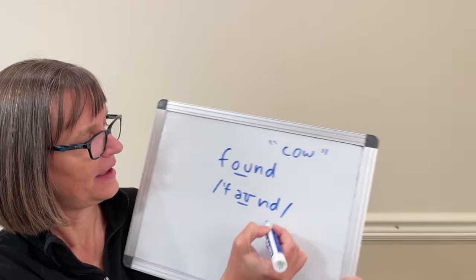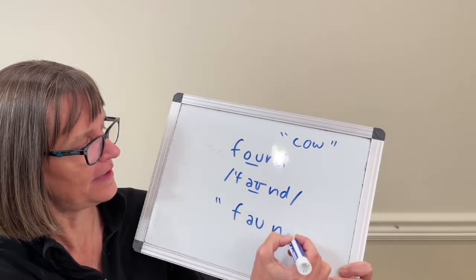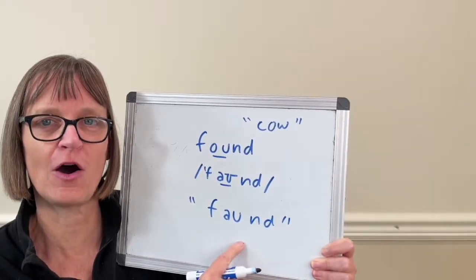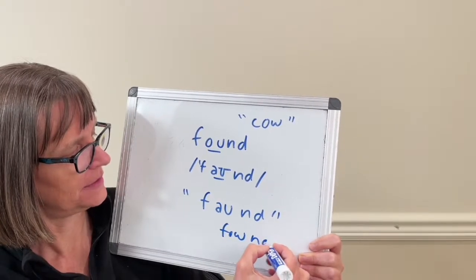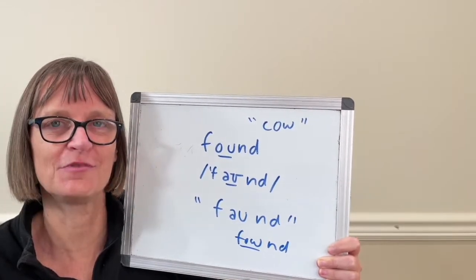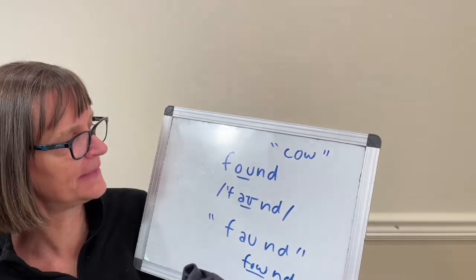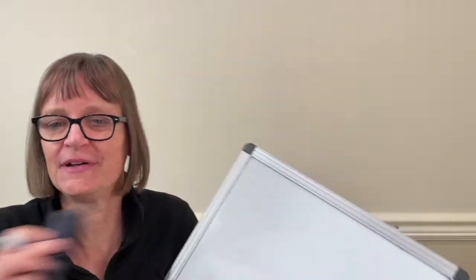But I would probably just write it as found, ow. So thinking about ow, found. You could also write it with OW, but OW also sometimes makes people think of the O diphthong rather than the ow diphthong. Found, I found it. Very good, thank you.